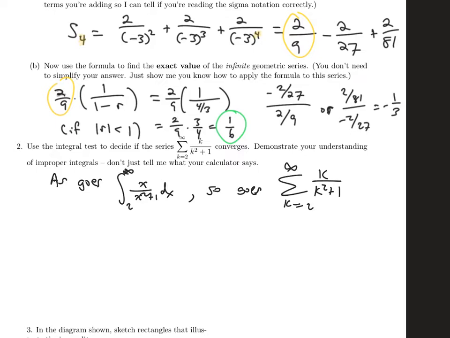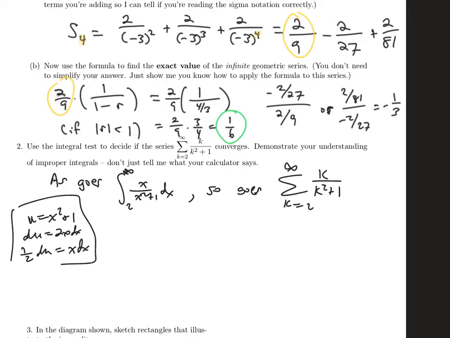For this particular integral, we need to use a substitution. So u equals x squared plus 1, du will be 2x dx, and so 1/2 du equals x dx. So this will be all my substitution information over here.